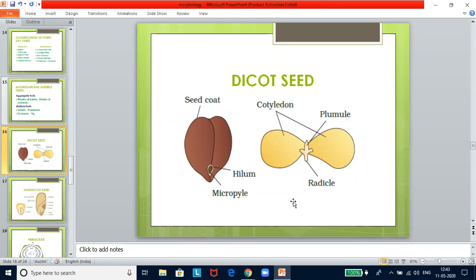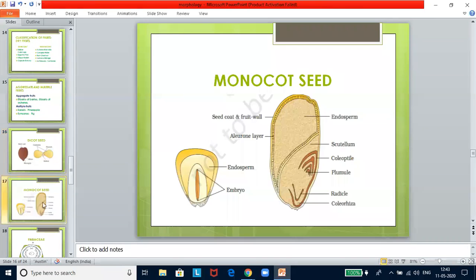Within the seed coat is the embryo, and this embryo has an embryonal axis and cotyledons. If two cotyledons are found, it is called a dicot. If only one cotyledon is there, it is a monocot. Here you are finding a dicot seed, and the lower part of the embryonal axis has the radicle. This will develop into the root system, and plumule is the shoot which will develop into the shoot system.